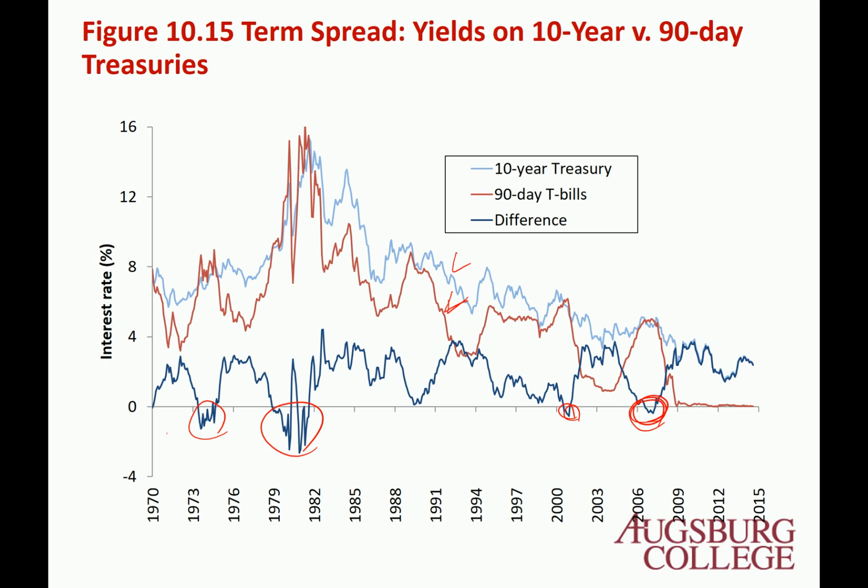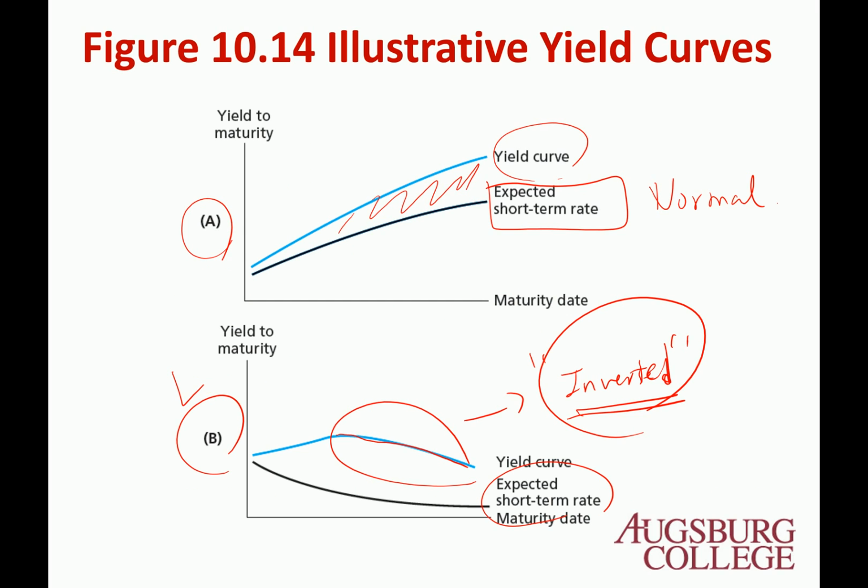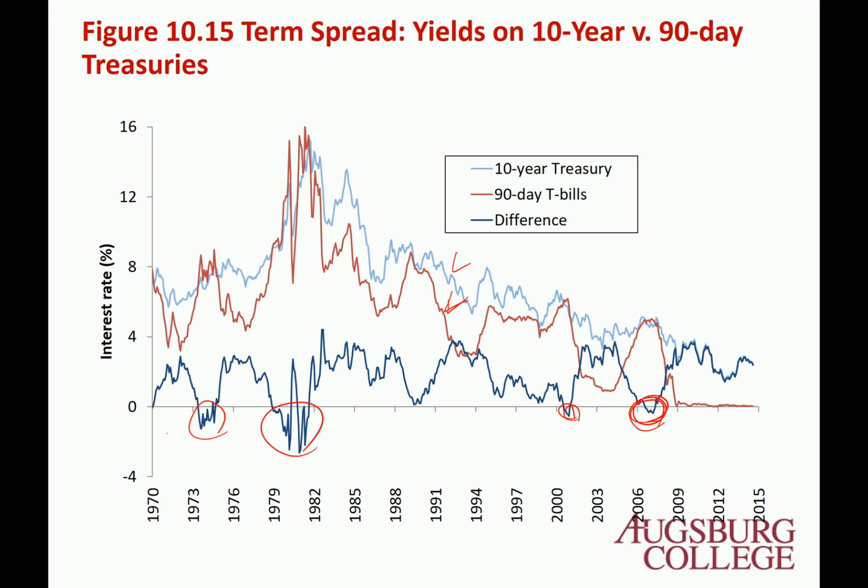So if the difference is negative, then it means your yield curve is like this. So that's the red flag for the economy. That's a very good leading indicator for the economy, because it is reflected by investors' expectations. So that's the end of chapter 10.